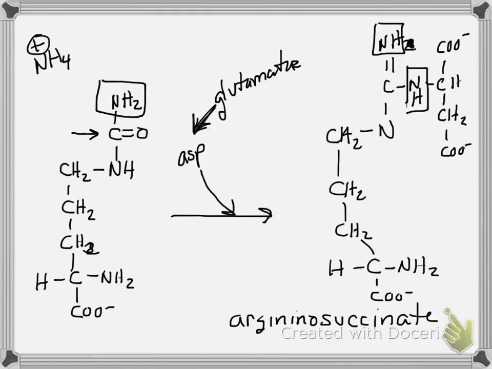So the backbone structure that we are going to be releasing in the next reaction is this, because we've already donated the nitrogen that we needed. And this structure here is fumarate.